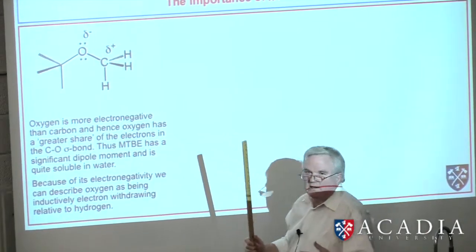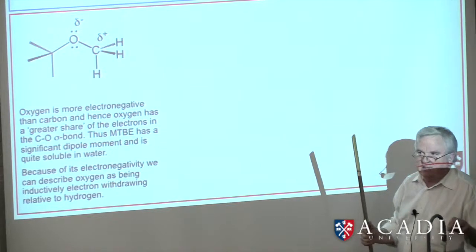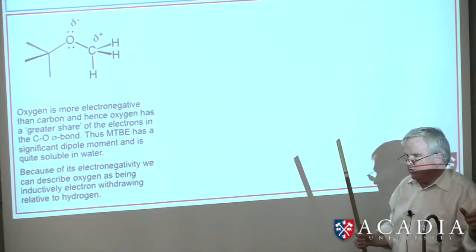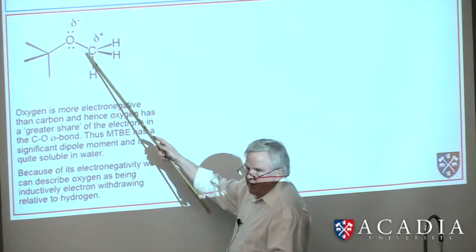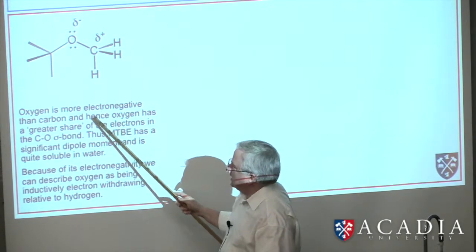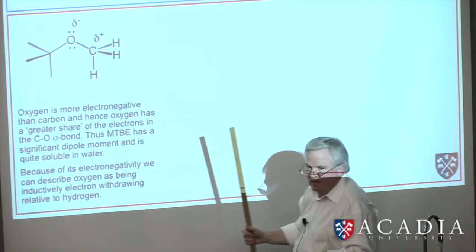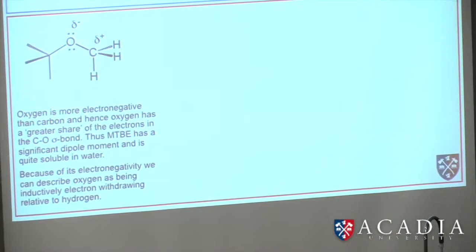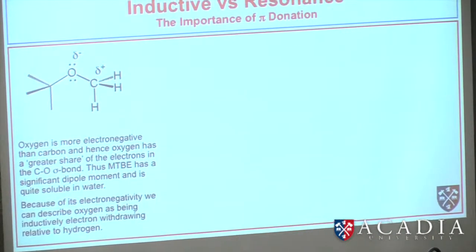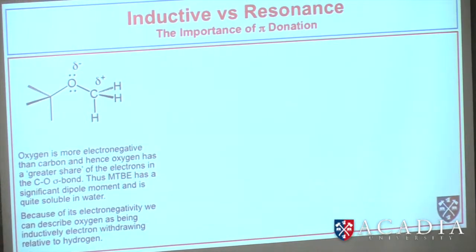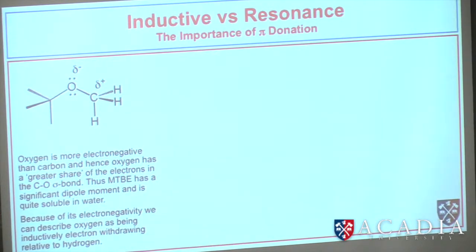It's actually significantly water soluble, I think around 26 grams per liter of methyl t-butyl ether into water. So it's a polar compound, and that's due to the electronegativity of the oxygen. We think of oxygen as electronegative, and we're used to seeing negative charges on it.